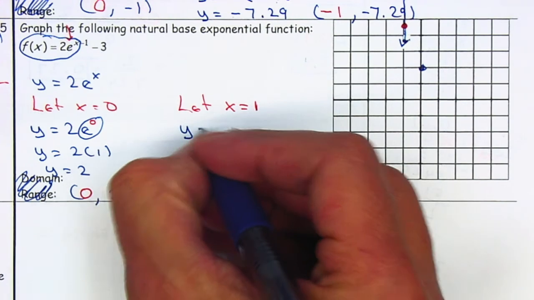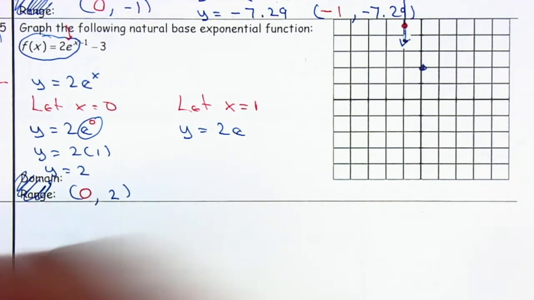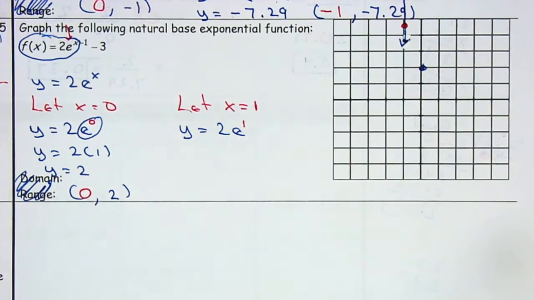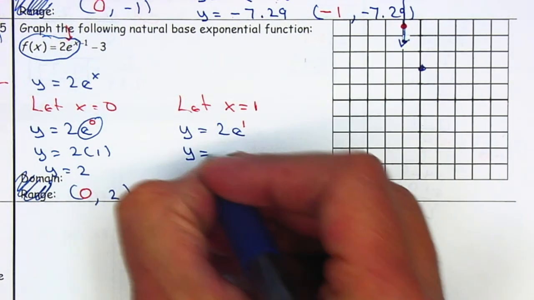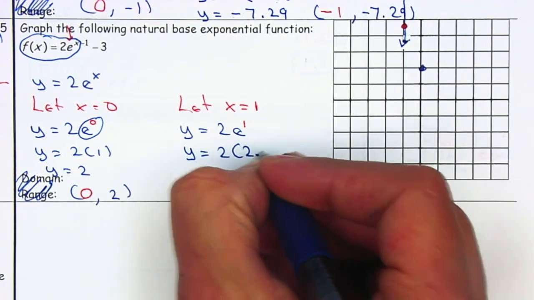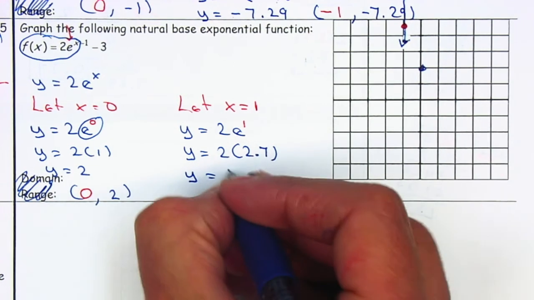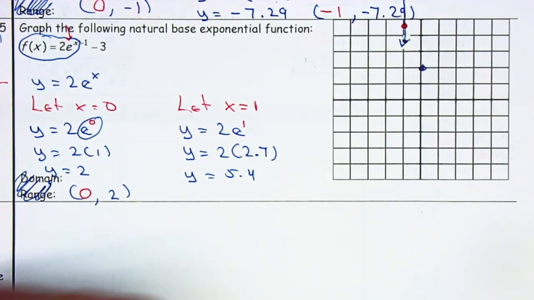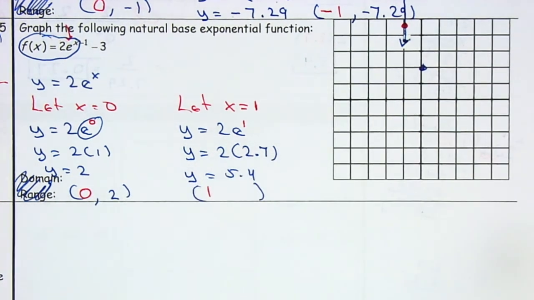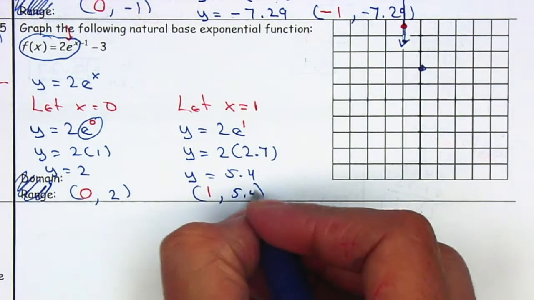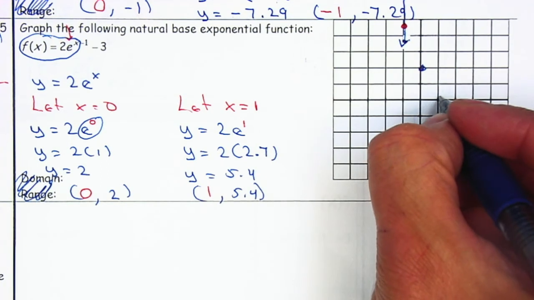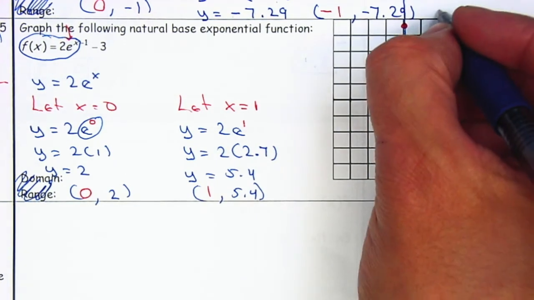So y is equal to 2e to the 1 power. e to the 1 is just 2.7. y is equal to 5.4. So if my x value is 1, my y value is 5.4.